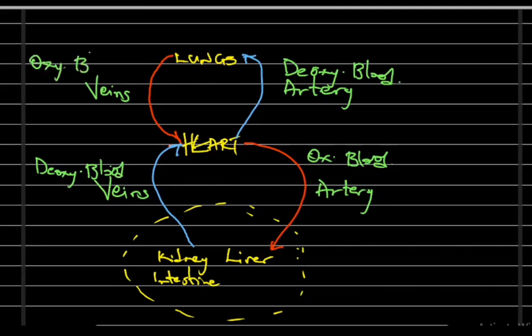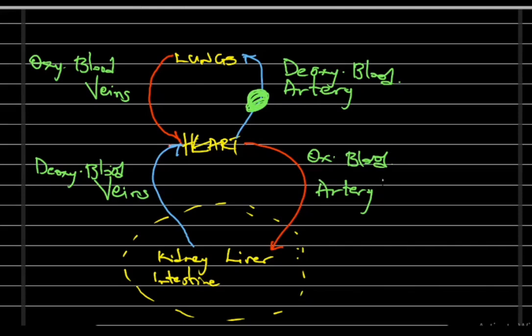oxygenated blood. So when we look at it, every artery of the body, excluding the one that is carrying blood to the lungs, this particular artery here, every other artery that is supplying the liver, the kidney, the intestine, every other artery supplying other body organs, excluding the one that is supplying the lungs, they are all carrying oxygenated blood.